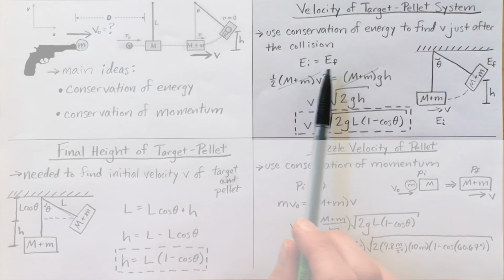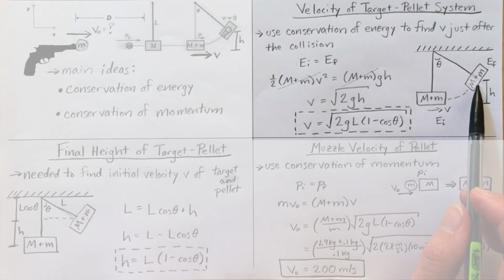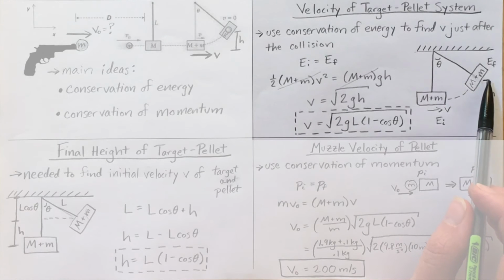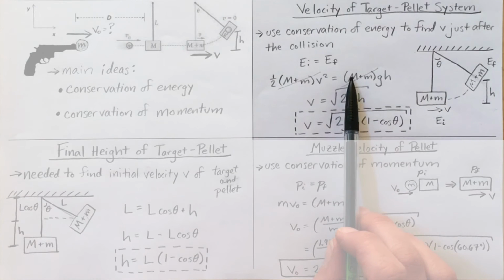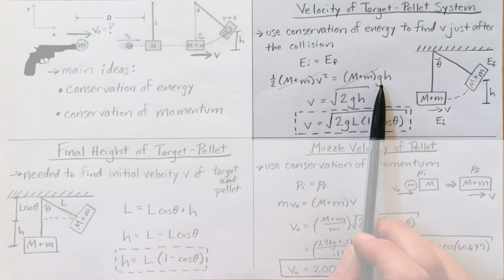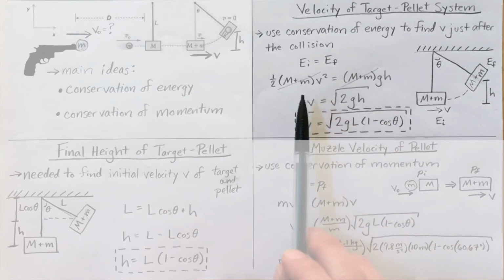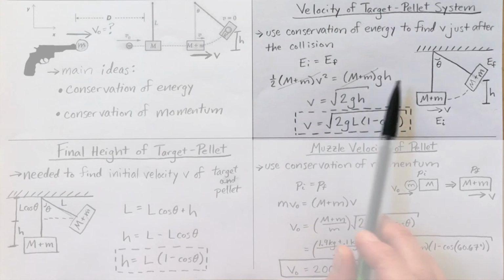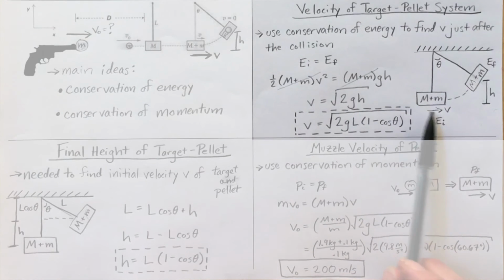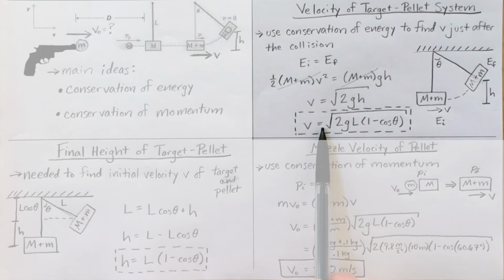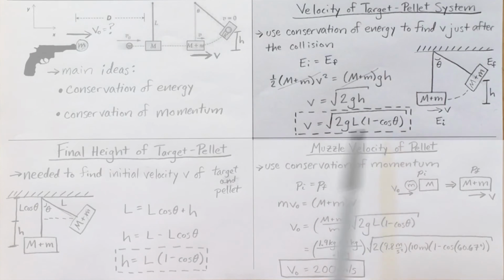We set this equal to the final energy of the system, which is the gravitational potential energy of the block and pellet after it's risen a distance h. Writing this in equation form, we have big M plus little m times acceleration due to gravity times the height h, which we just found. Solving for the velocity, and then substituting in our expression for h, we find that the block and the pellet were going at a velocity equal to the square root of 2gL times the quantity 1 minus cosine theta.